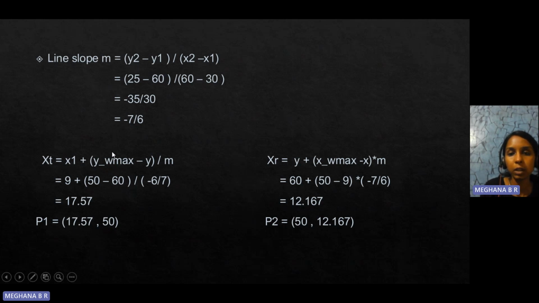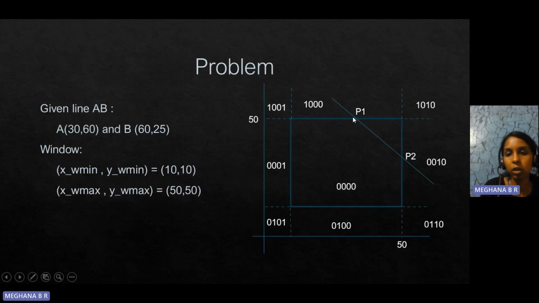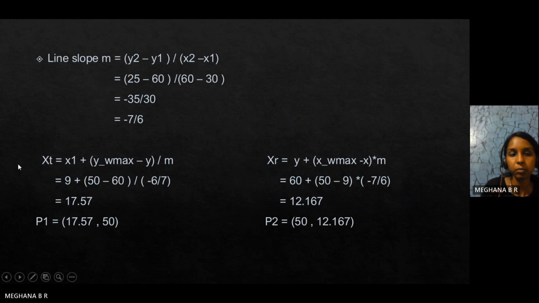We can see that the line is intersecting the top region and the right region. So we'll find the point x, which is equal to x1 plus (y max minus y) divided by m. Finding the x point, we get 17.56, so the intersection point will be (17.55, 50).